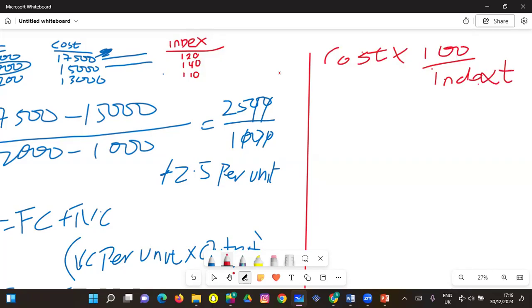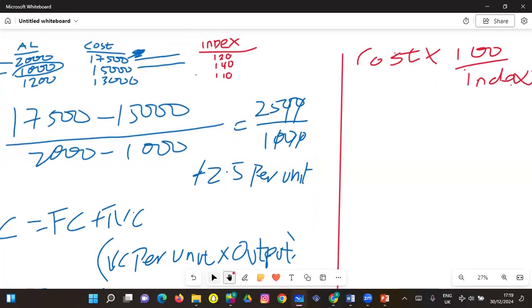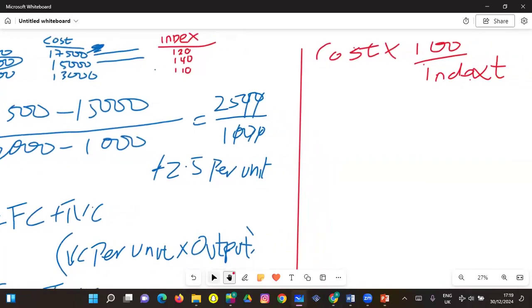Because we are using the high-low method, we use the highest and the lowest activity levels, right?